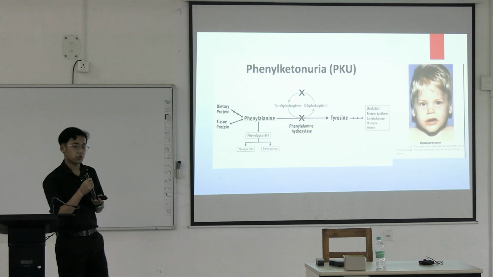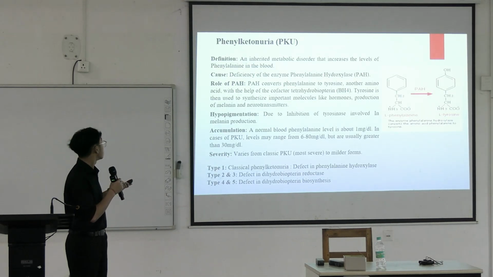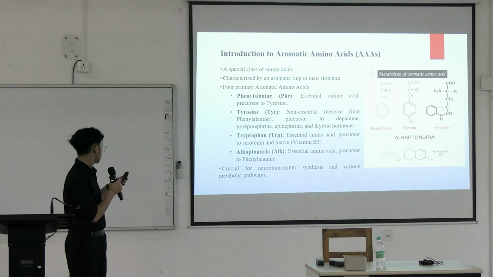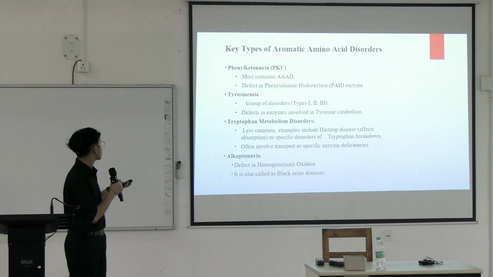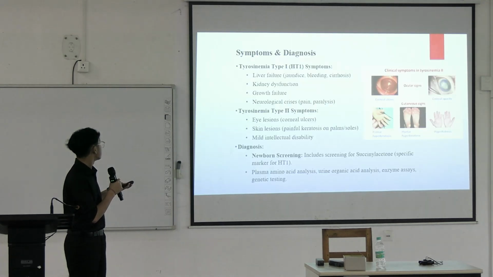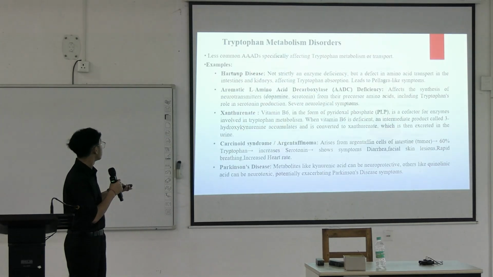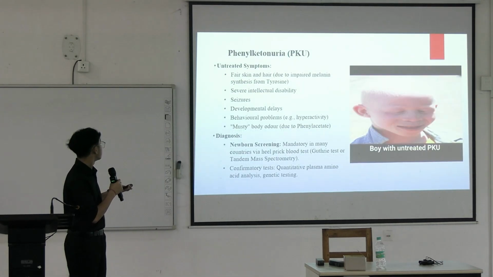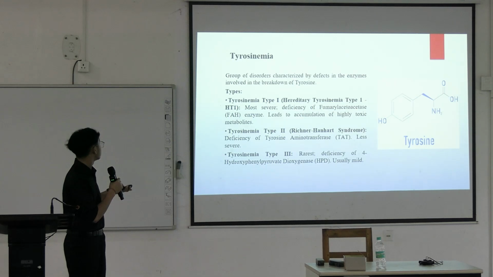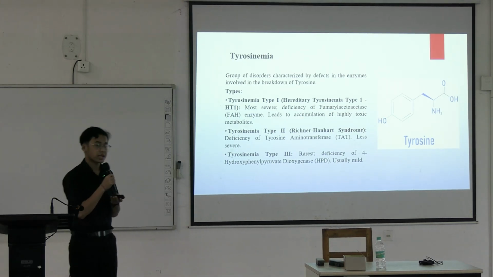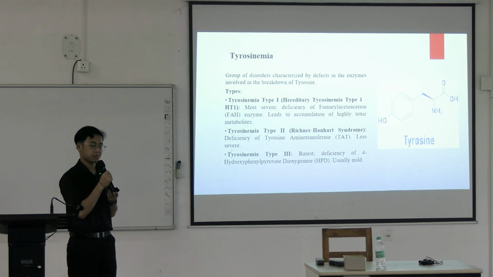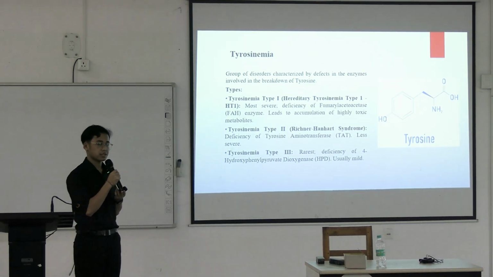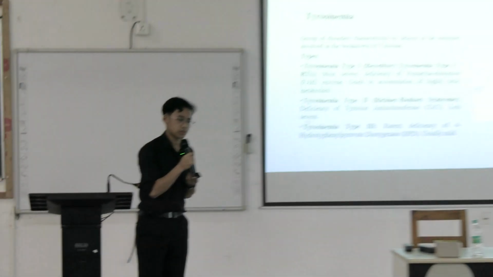Furthermore, tyrosinemia can be of three types: tyrosinemia type 1, type 2, and type 3, characterized by the deficiency in the enzyme involved with tyrosine metabolism.